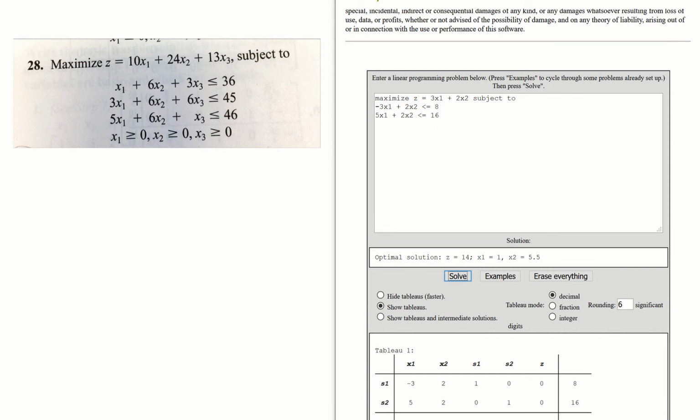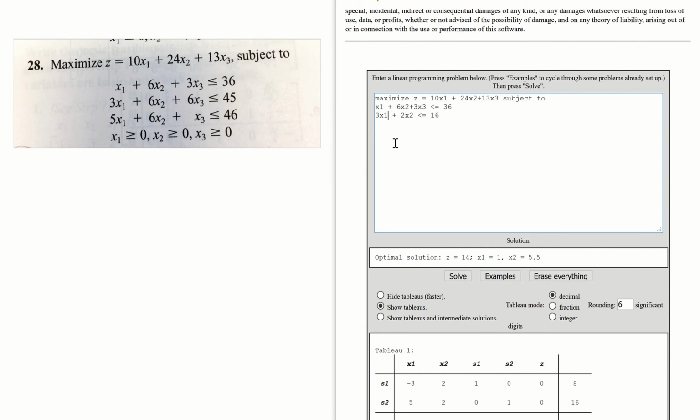I want to maximize z equals 10x1 plus 24x2 plus 13x3, subject to x1 plus 6x2 plus 3x3 less than or equal to 36. Don't forget to change the other side.